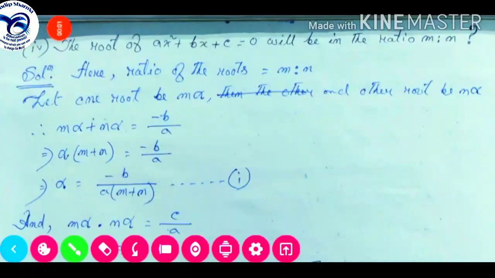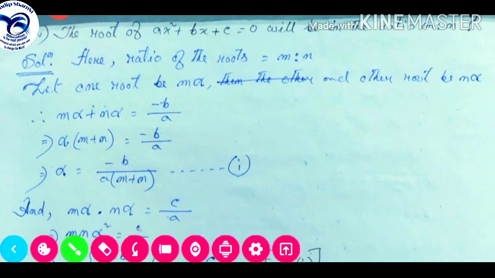Question number 5.4. The roots of ax square plus bx plus c is equal to 0 will be in the ratio m is to n. Here it gives the ratio of the roots as m is to n. So we consider one root as m alpha, and the other will be n alpha.